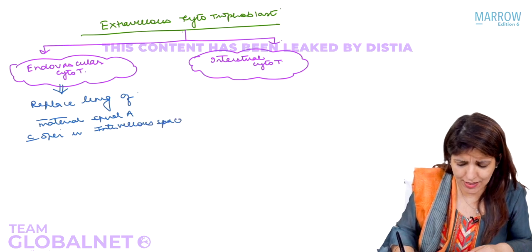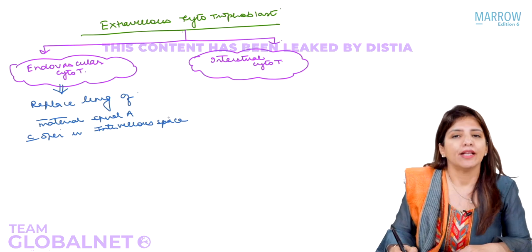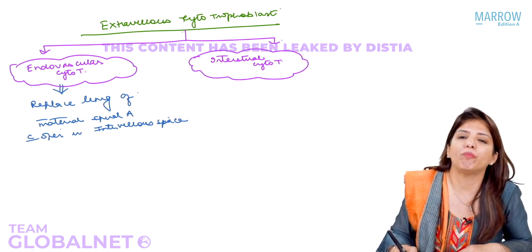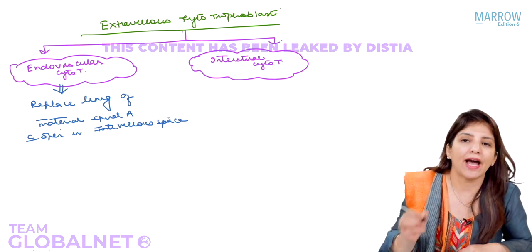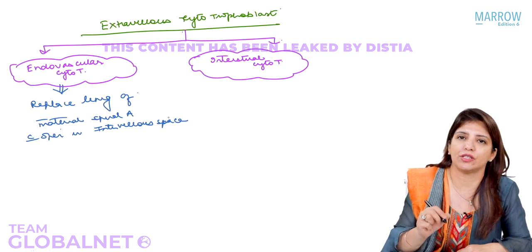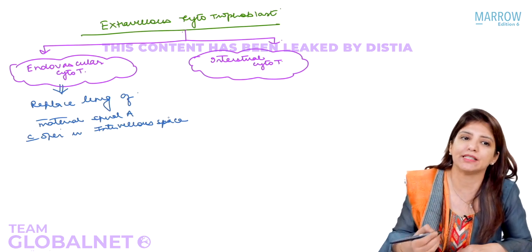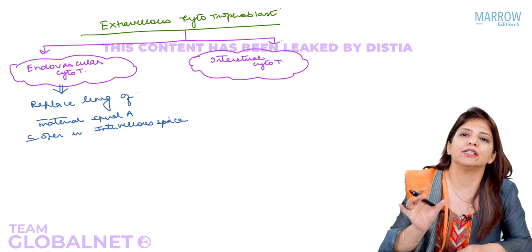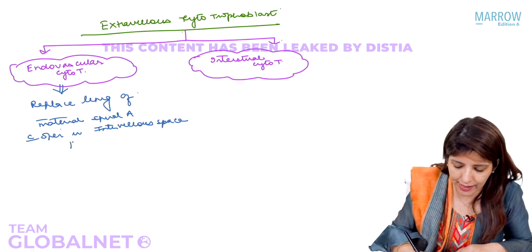So all this you will understand once I do placenta with you, that maternal blood vessels open into the intervillous space, and the role of this endovascular cytotrophoblast is to replace the lining of those maternal spiral arteries. And why is it doing so?